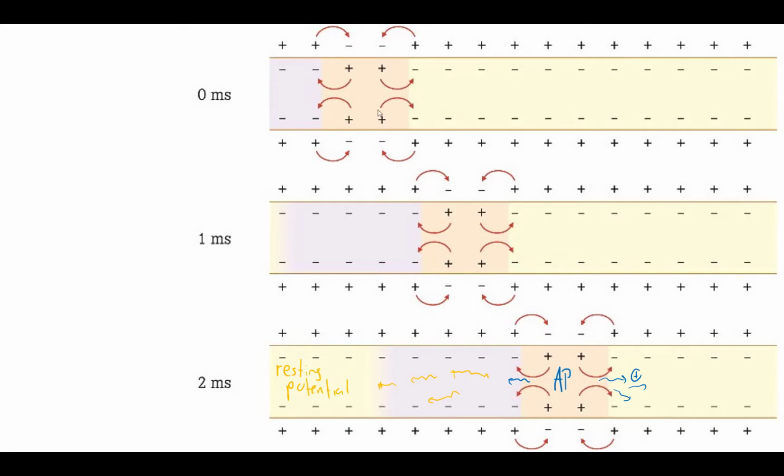So basically, it goes from here to here to here to here, etc. And it has all these chemical changes. So new sodium channels open, sodium comes in. So it basically has like a domino effect racing down the entire axon.